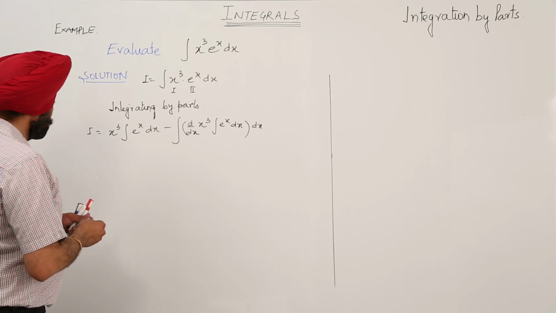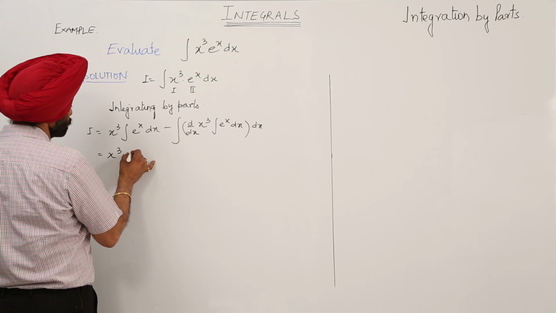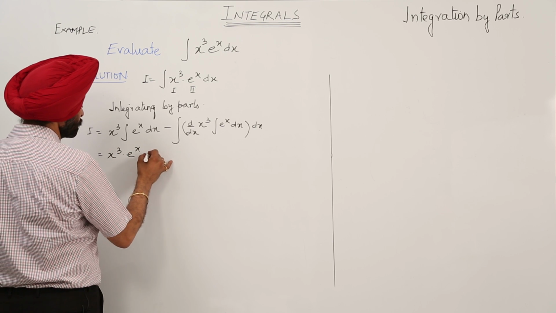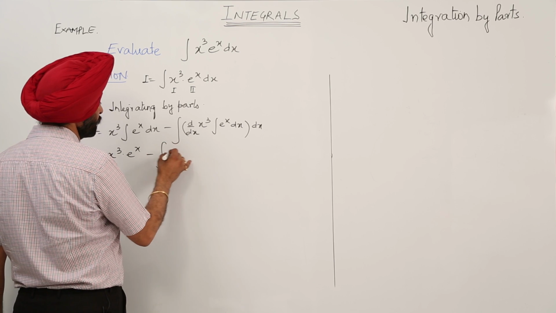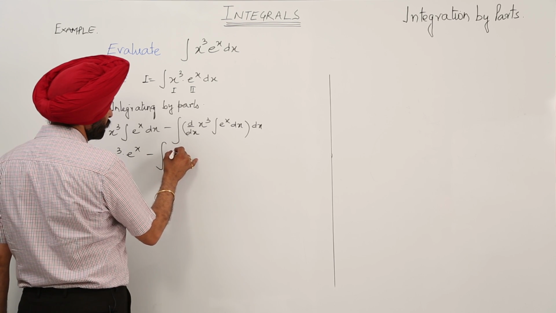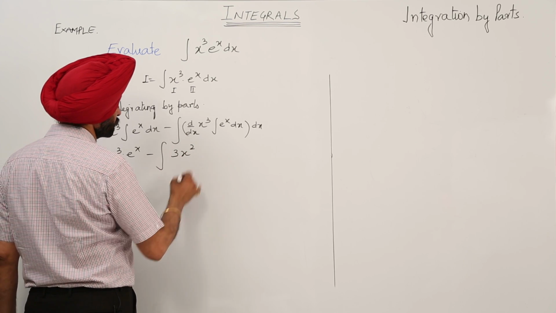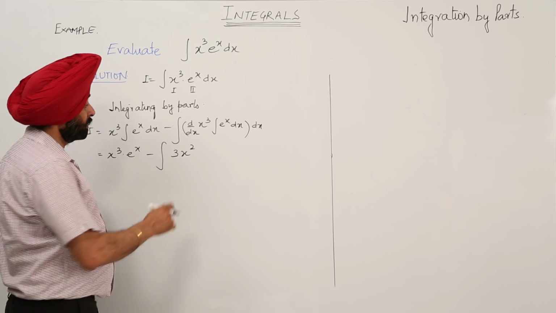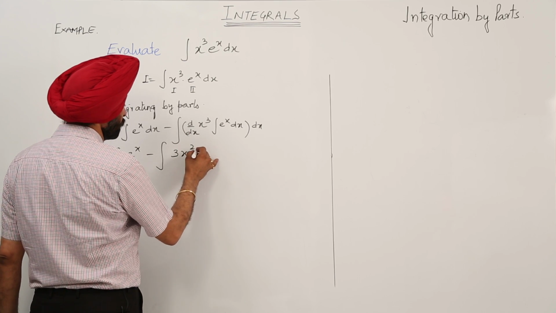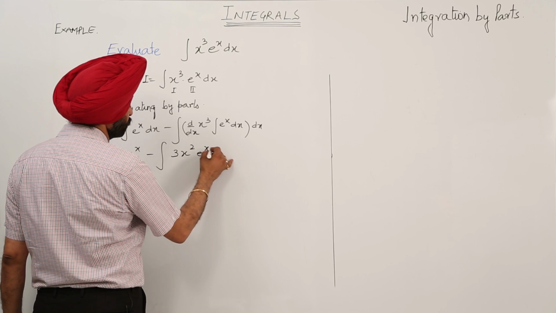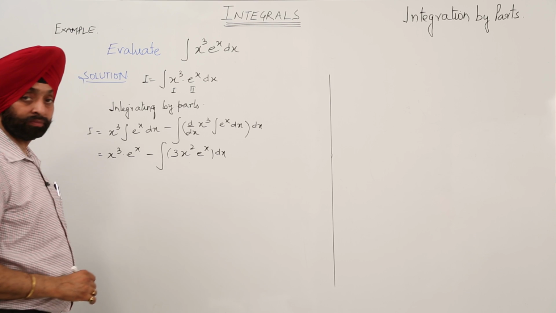Now this becomes x cube e raised to power x minus, now here we are having integration of d by dx of x cube, that is 3x square, and integration of e raised to power x, that is e raised to power x dx.